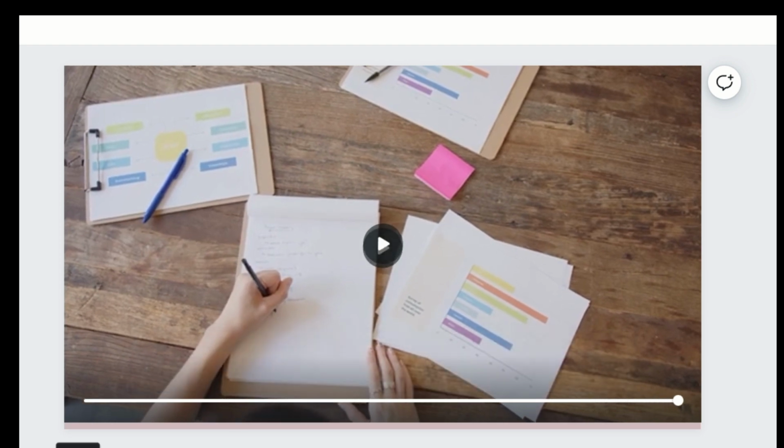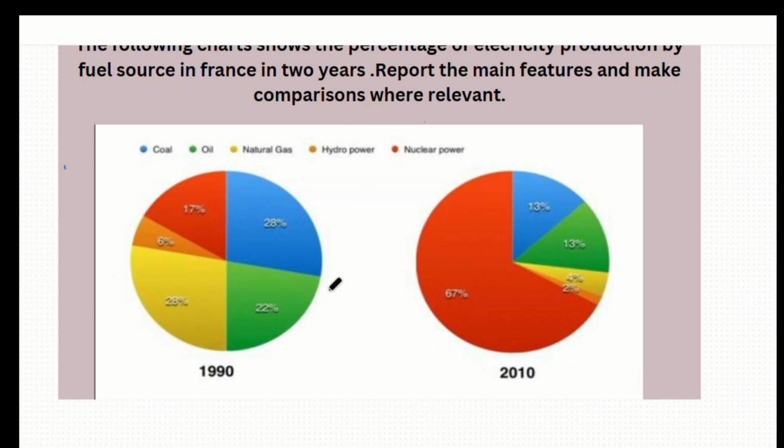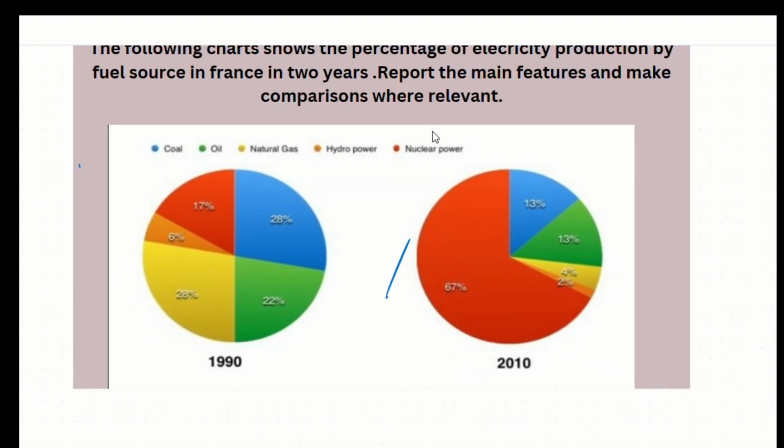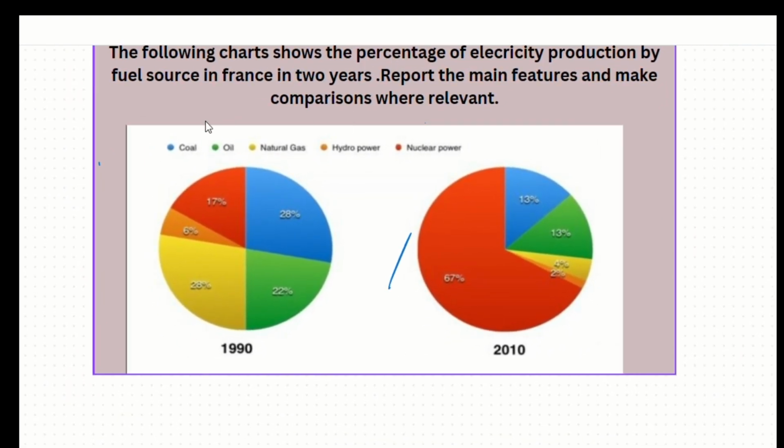So here we are going to discuss one pie chart. The following chart shows the percentage of energy production by fuel source in France in 2 years.